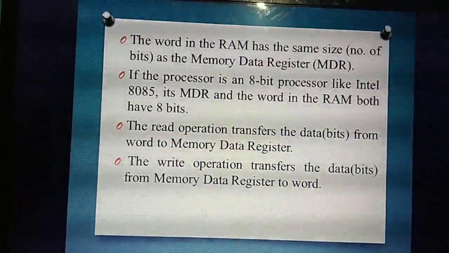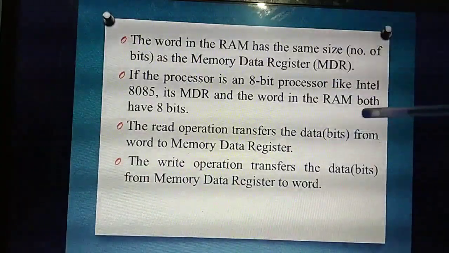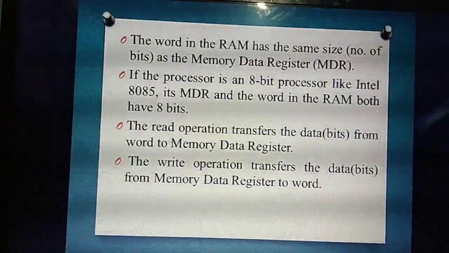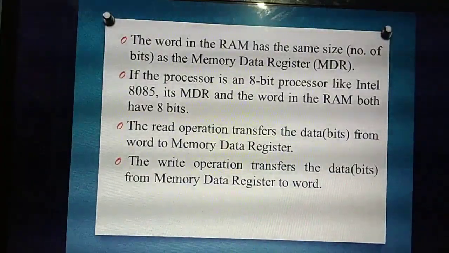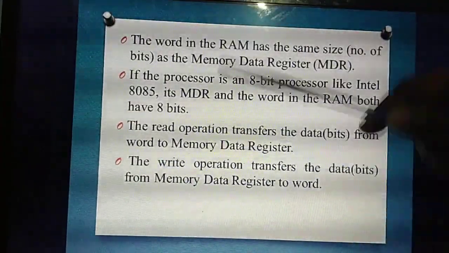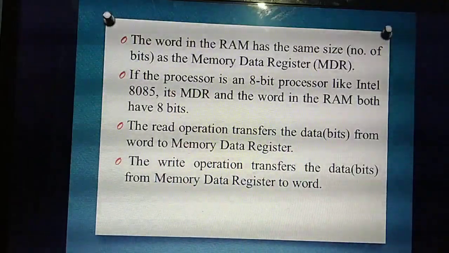Yes, listen. The read operation transfers the data or bits from the word to the memory data register. So the read operation transfers the information from where to where? Word to memory data register.